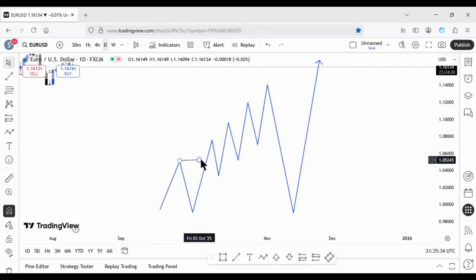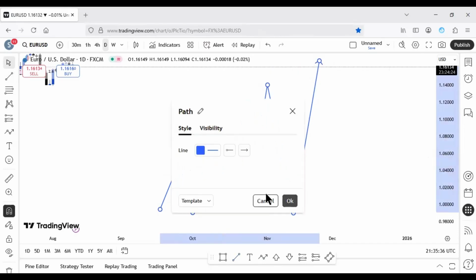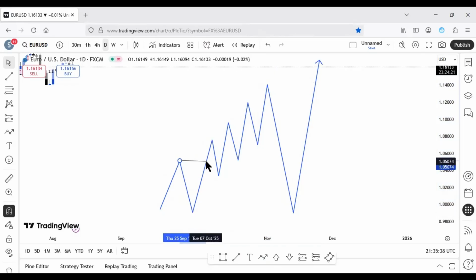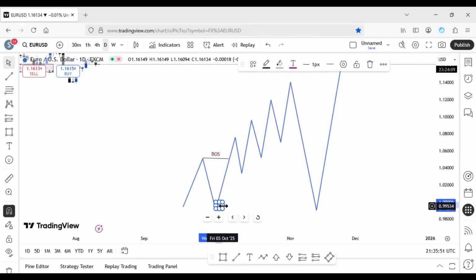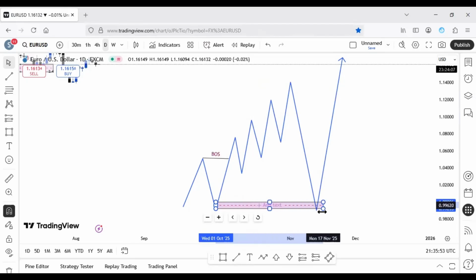That is the break of structure. That is the break of structure. And then suppose price did not mitigate that order block as it was moving up. So that is our order block.